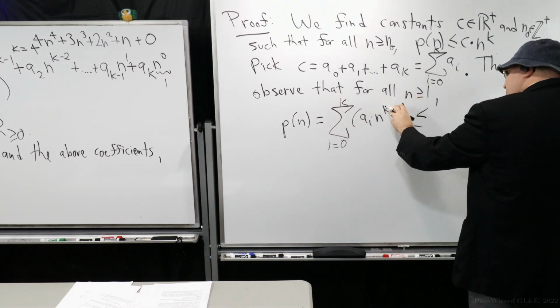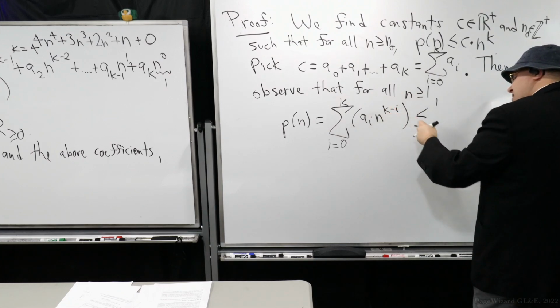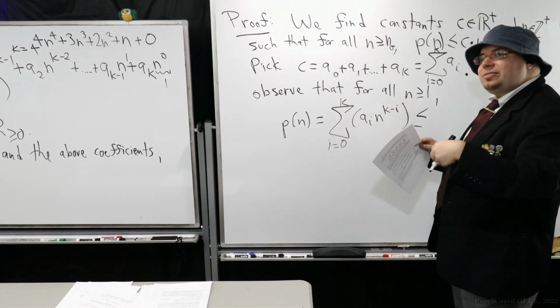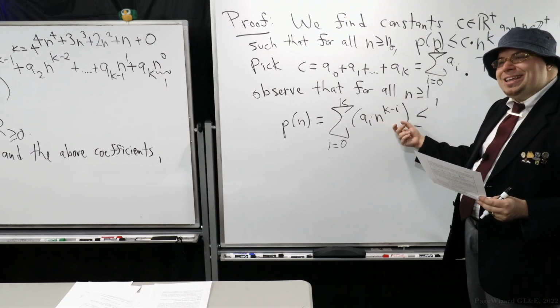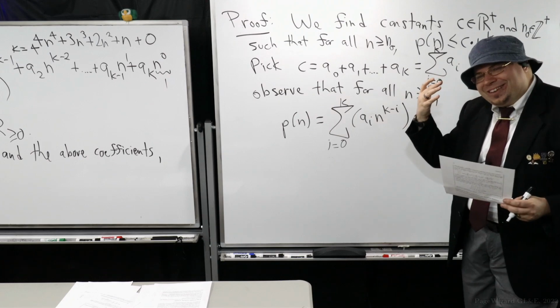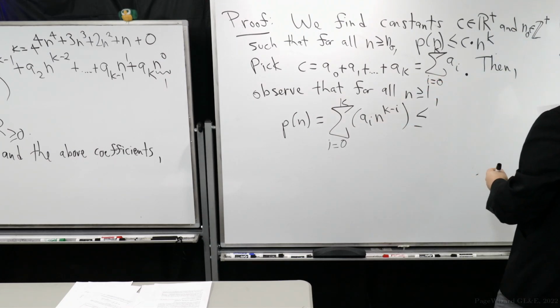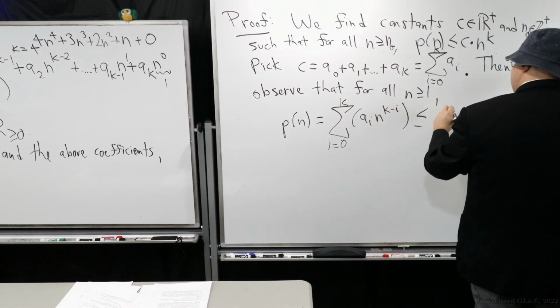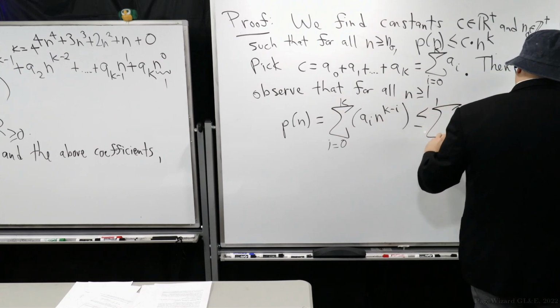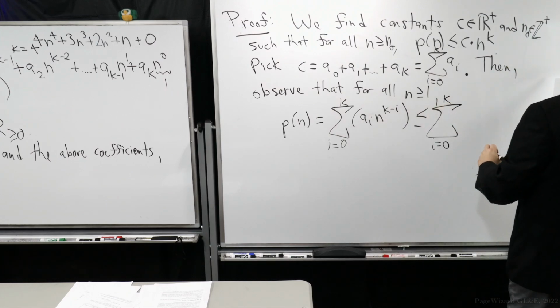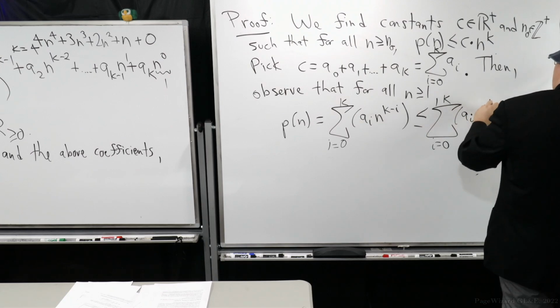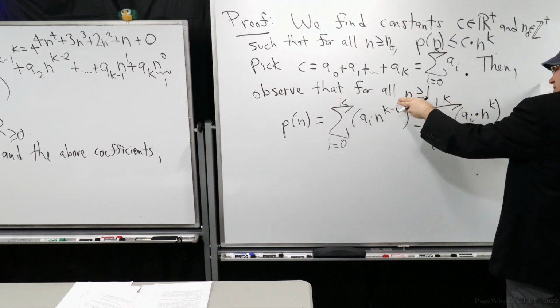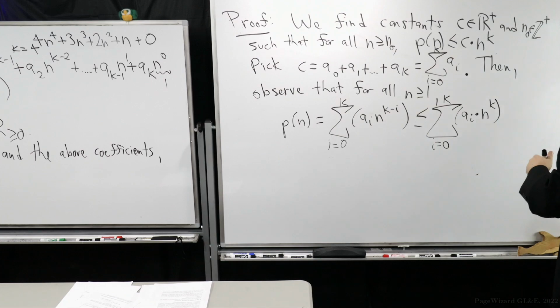Well, notice that for every one of these n to the power of k minus i terms, as i gets bigger, it always makes the term smaller than or equal to n to the power of k. So I'm going to do the same trick I did before. Watch this. The sum from i equals 0 to k of ai times n to the power of k minus i is less than or equal to the sum of ai times n to the power of k. I'm just going to drop the minus i business and put a k right there.